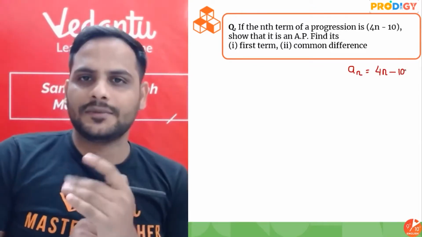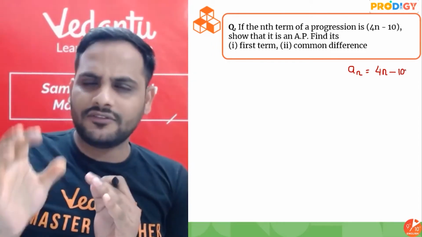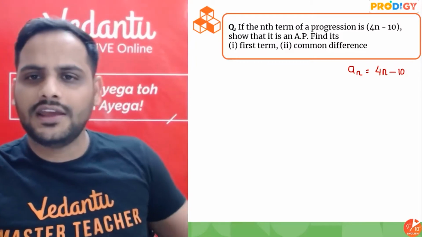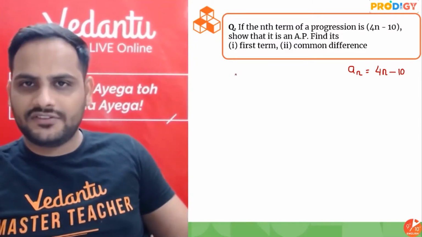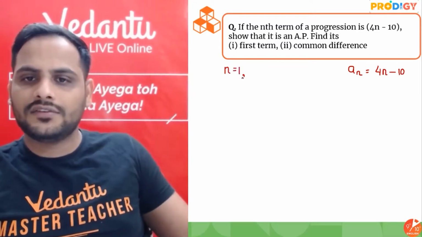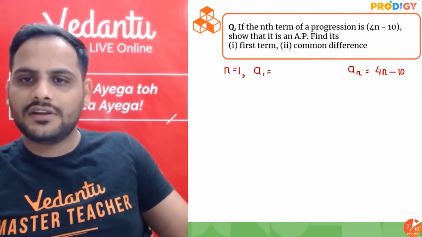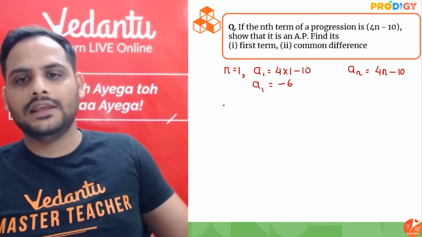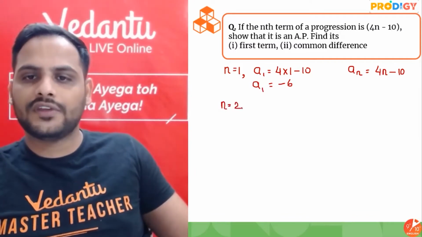So in this, when I put different values of n, I will get my different terms. Right or wrong? Yes. So if I want to get my first term, put n equal to 1 in this, you will get first term a1 as 4 into 1 minus 10, which is minus 6.